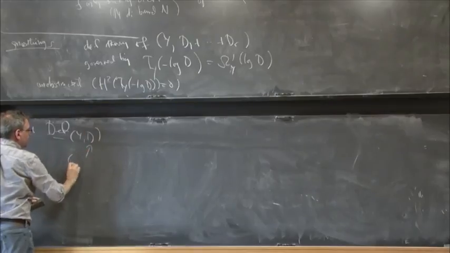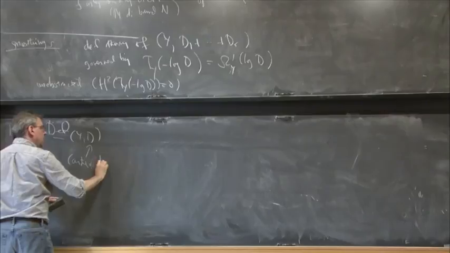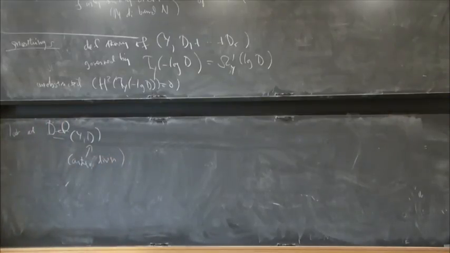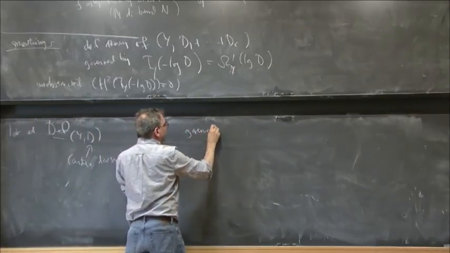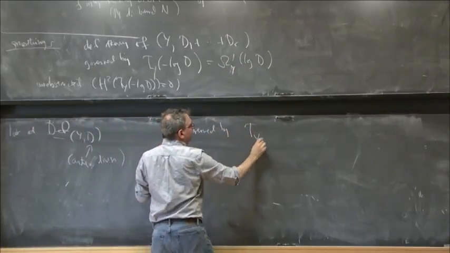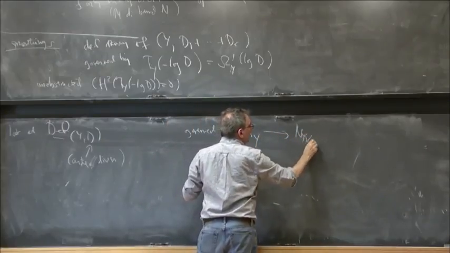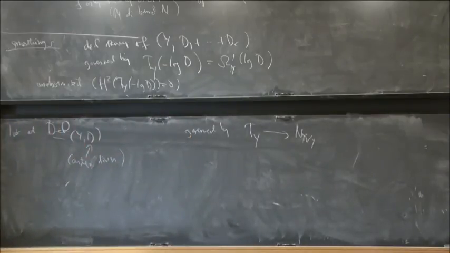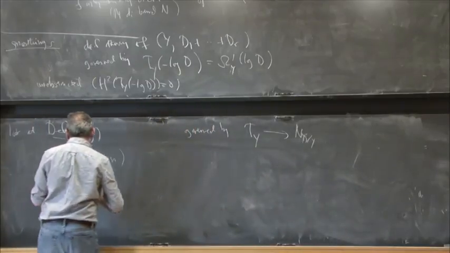I want to keep this as a Cartier divisor, but not really care about the singularities. This is governed by the complex, in the sense that the first hypercohomology is the Zariski tangent space, and the second is the obstruction space. So again, this is unobstructed.